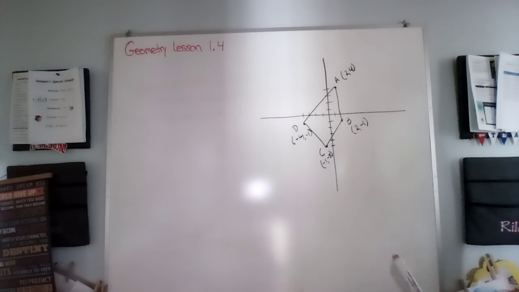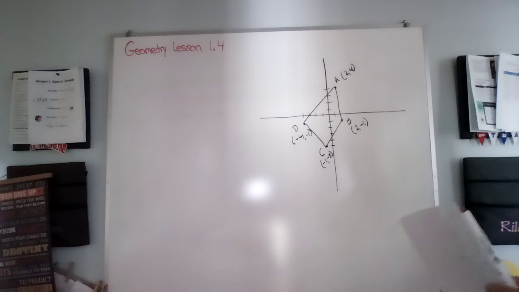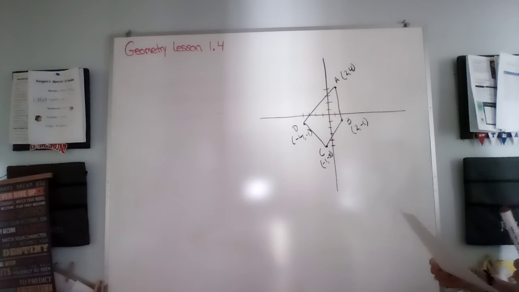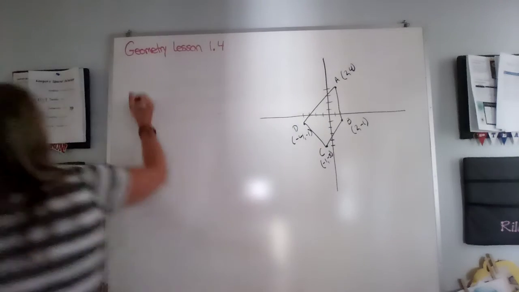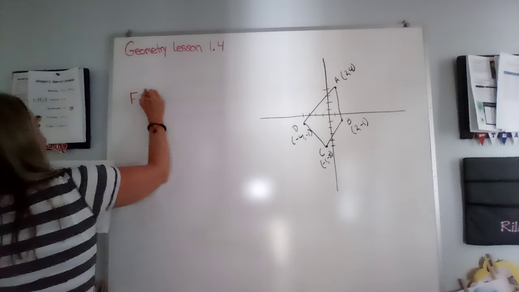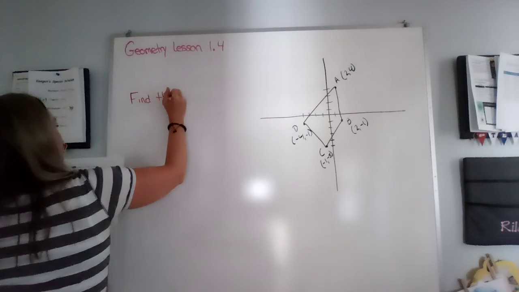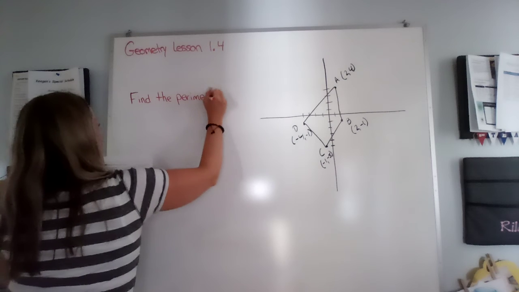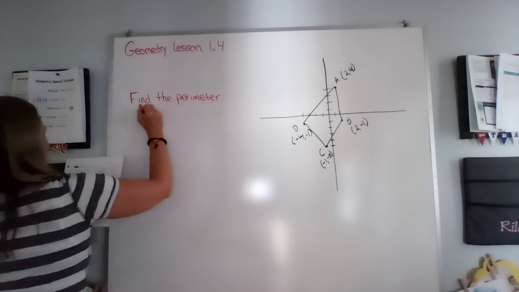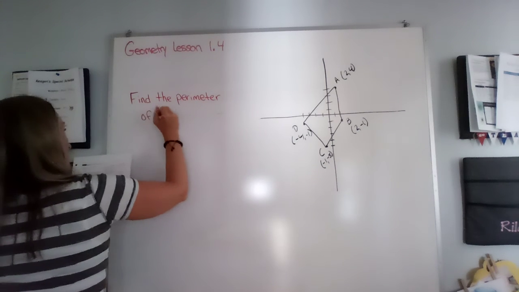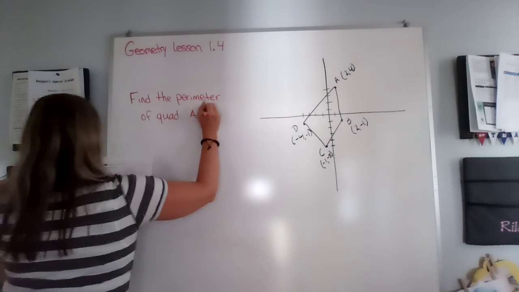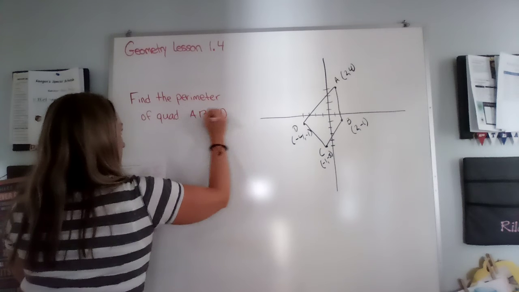And we could ask a bunch of questions, you know, what's the area, what's the perimeter, and so on and so forth. All right, so we're first going to find the perimeter of quad ABCD.